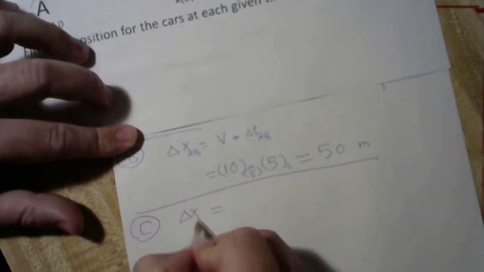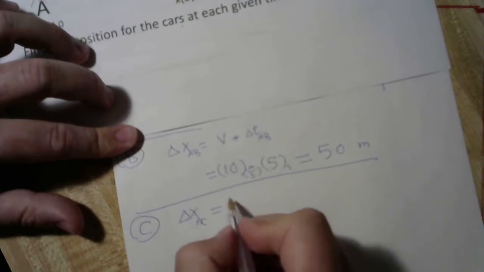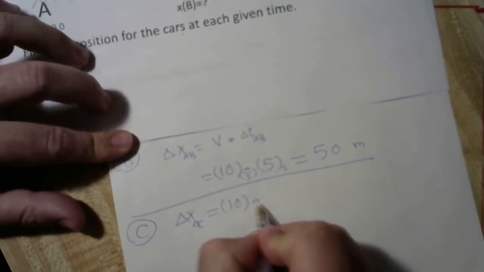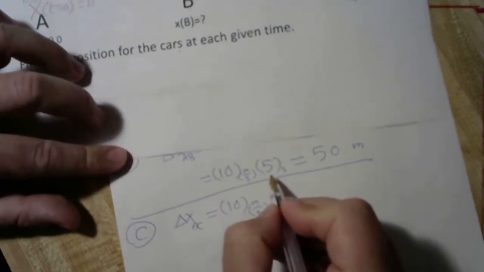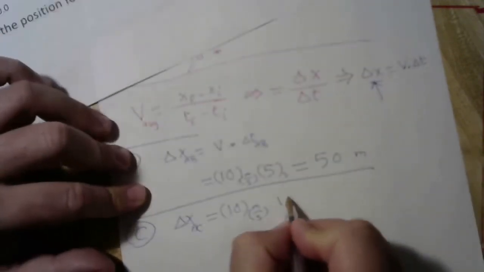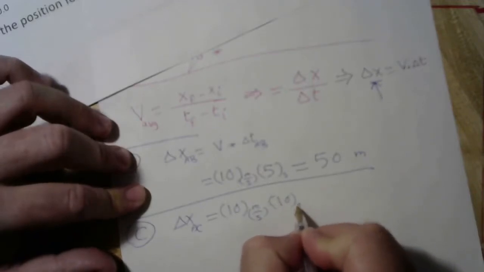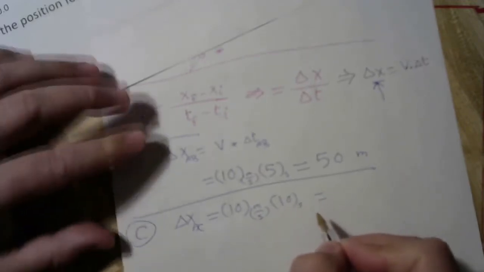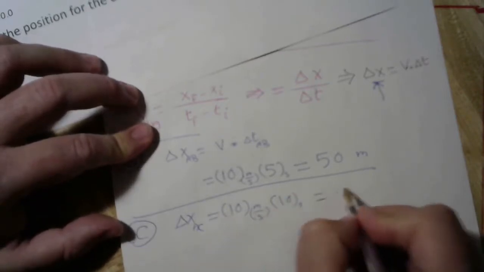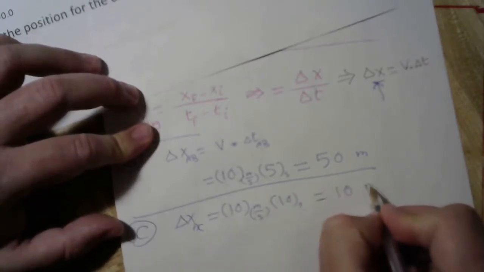Delta x from A to C is equal to the velocity, which is the same 10 meters per second, multiplied by the time, which is 10 seconds at C. And the final displacement, or change in position, is 100 meters.